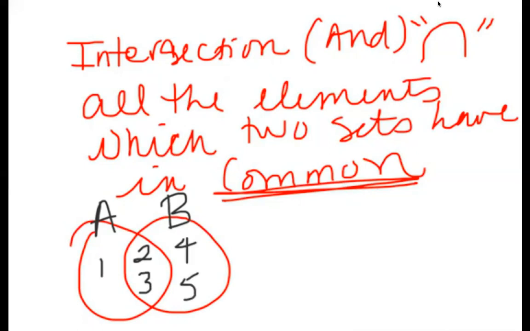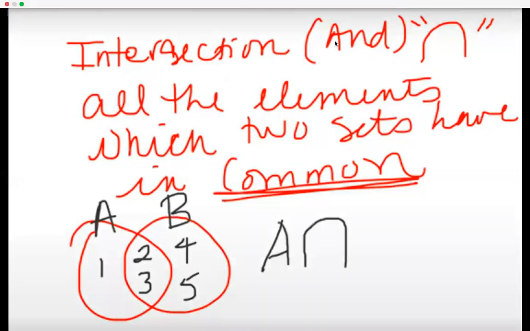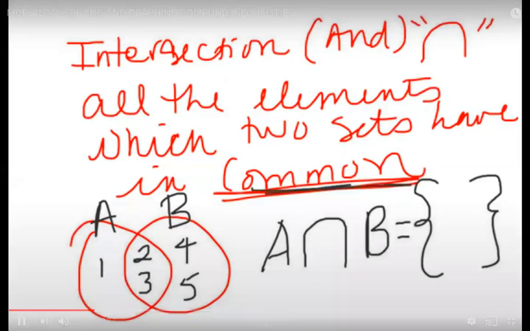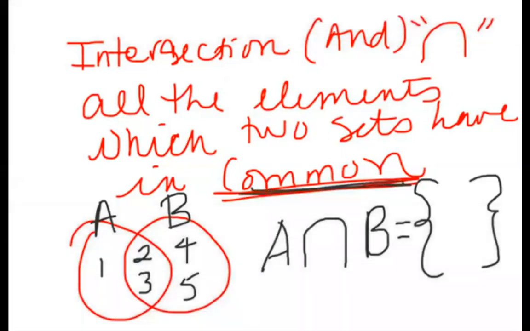So if you were asked the question, what elements are in set A and in set B, that question is simply asking, what do these two sets have in common?